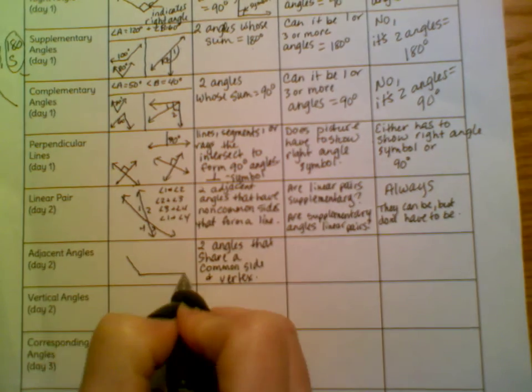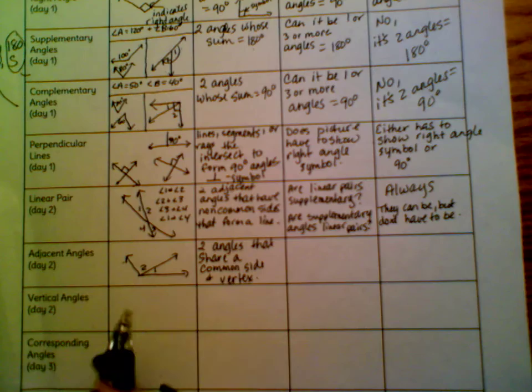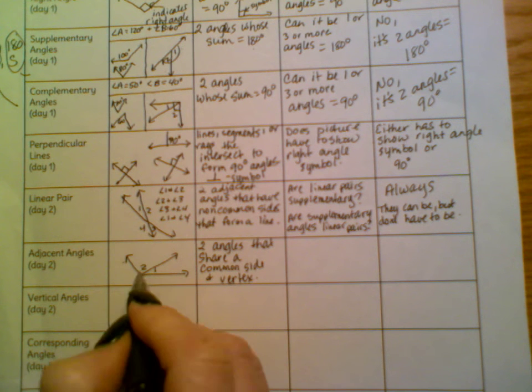So maybe I draw an angle like this, and I'm going to make it into two angles. These two angles share a common side. They both share this, and they share this vertex, so that means they're adjacent. A lot of kids want to tell me they're two angles that are next to each other. That's not quite specific enough. They have to be next to each other in a way that the side is shared and a vertex is shared.